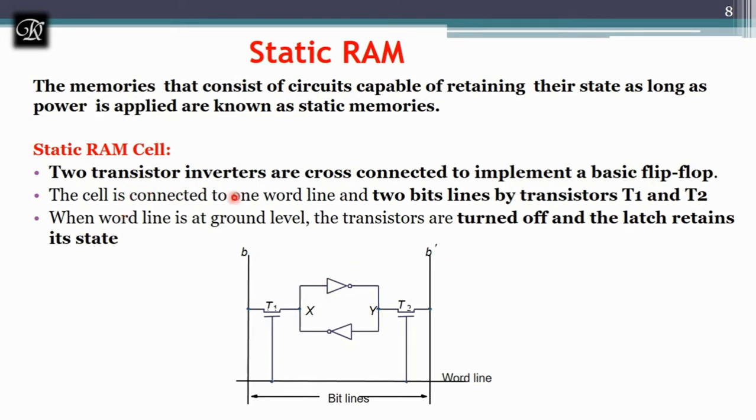Here we can see two transistors connected to the flip-flop, where two bit lines are connected to transistor 1 and transistor 2. Whenever we are performing a read operation, this word line is going to play a key role. These transistors are meant for turning off and turning on the latch. Latch is another name for flip-flop.